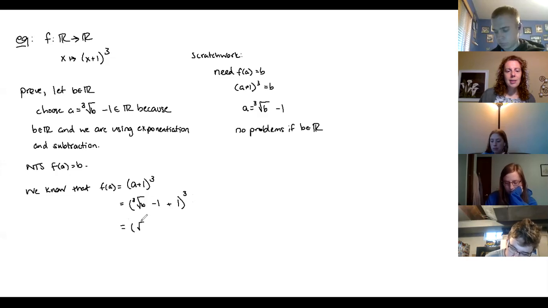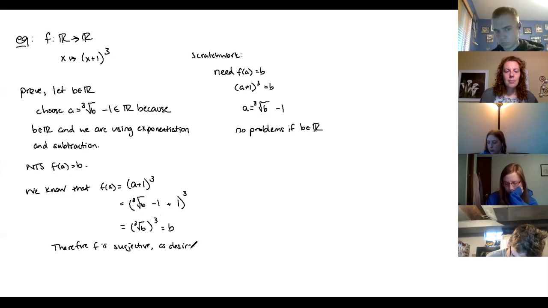That is the cube root of B, cubed, which is equal to B. That's good. That's what we wanted. That's my need to show. And so we can say, therefore, F is surjective as desired. Good.